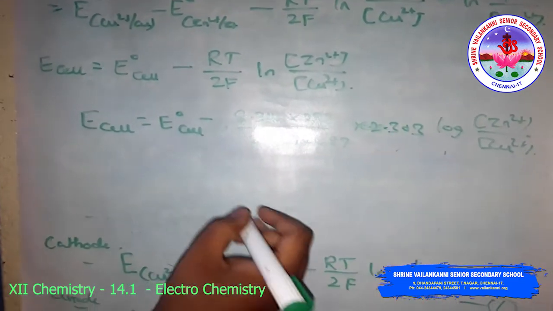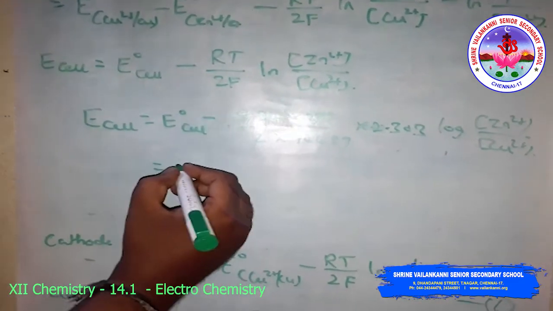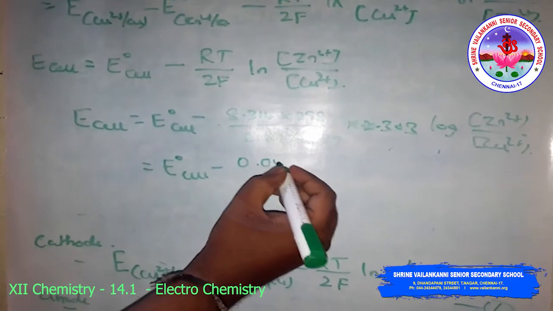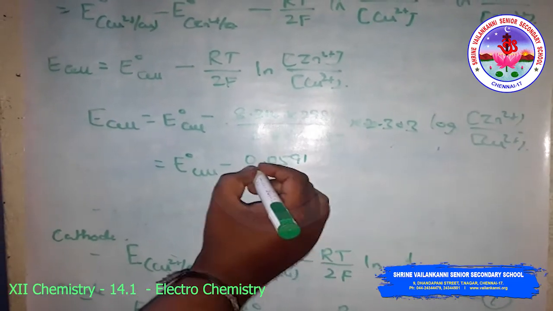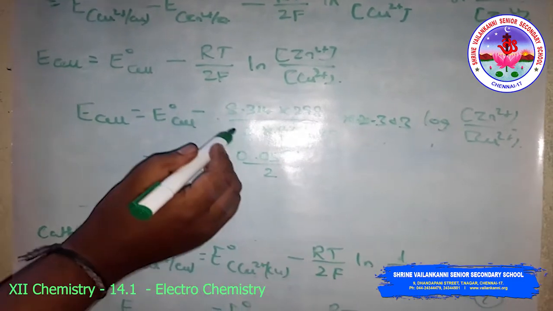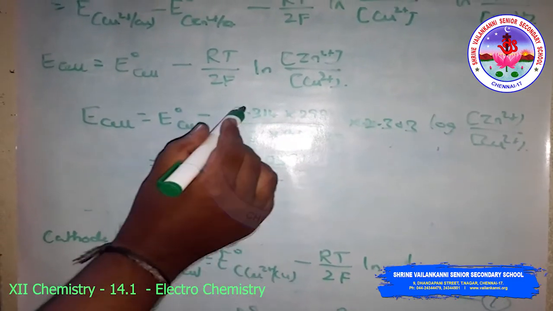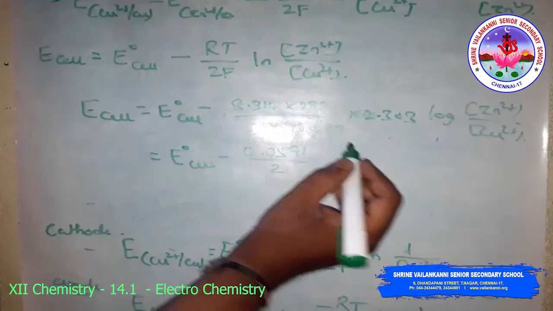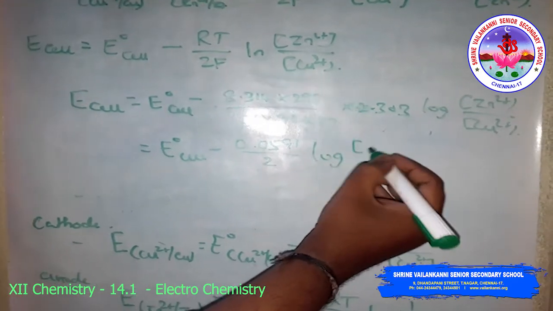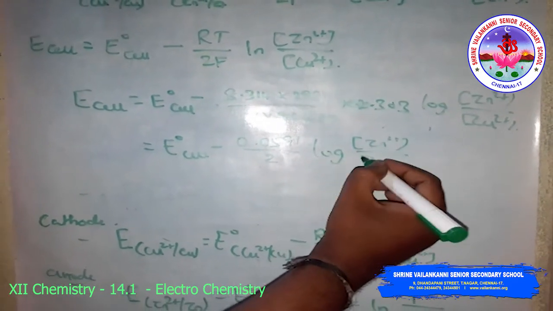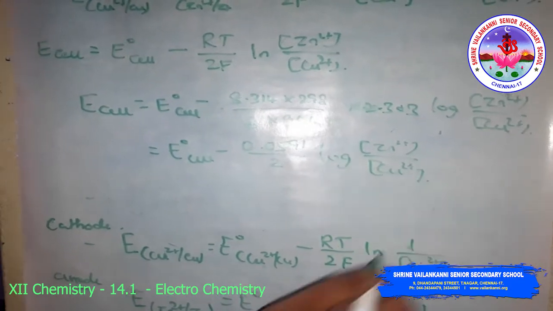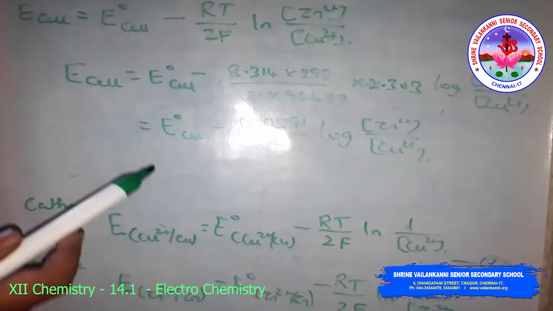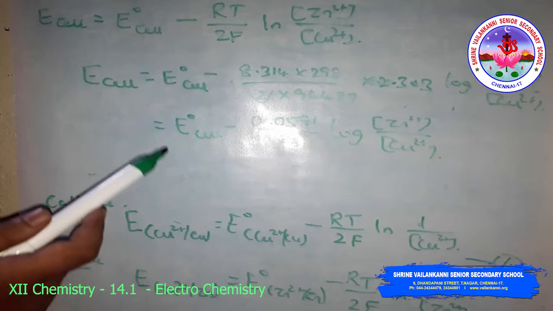So after calculating, you will get E cell is equal to E naught cell minus 0.0591 divided by 2 log of [Zn2+] divided by the concentration of [Cu2+]. Just simplify these values. We can use the same number of electrons for both electrodes.